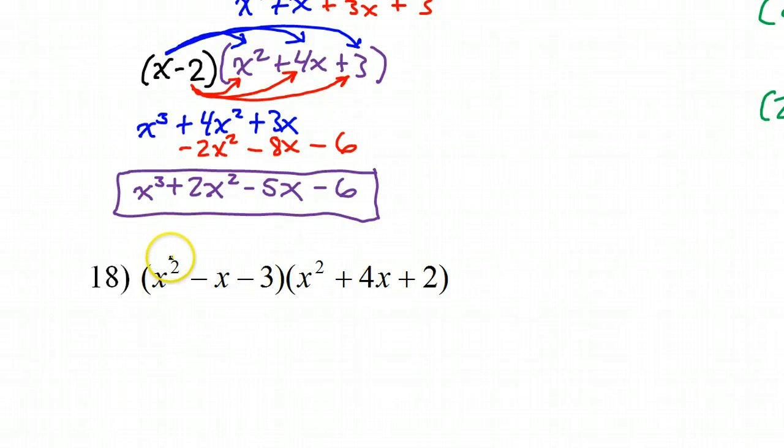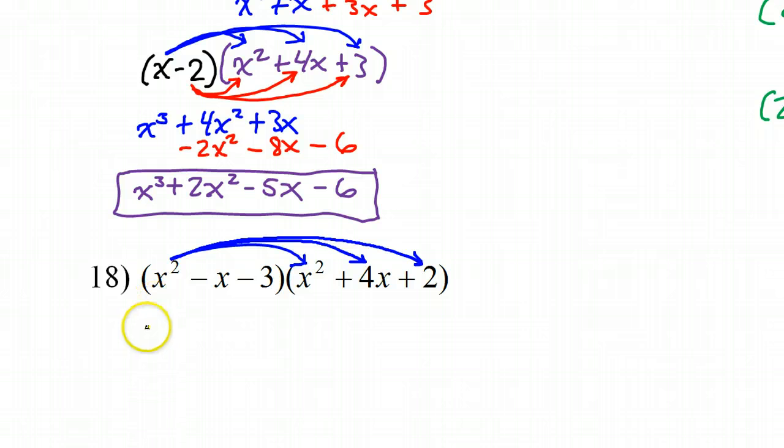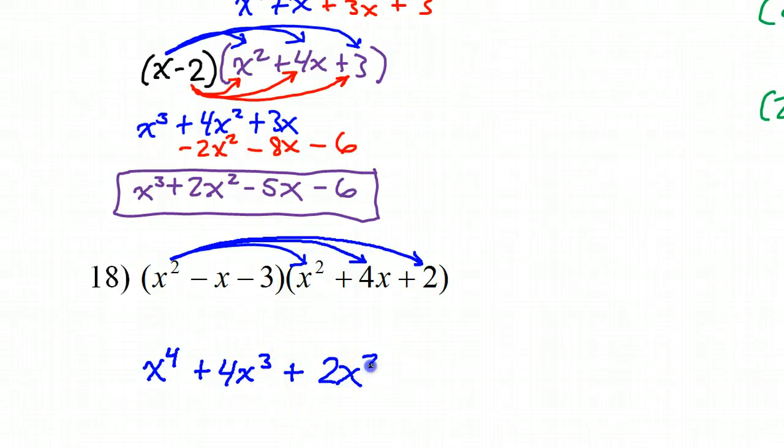So I'm going to start with my x squared, and I'm going to multiply everything by x squared. x squared times x squared is going to be x to the 4th power. x squared times 4x is 4x to the 3rd power. And x squared times 2 is going to be 2x squared. So that's what I get so far.